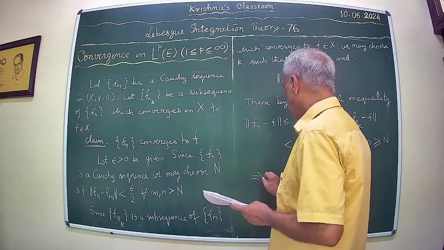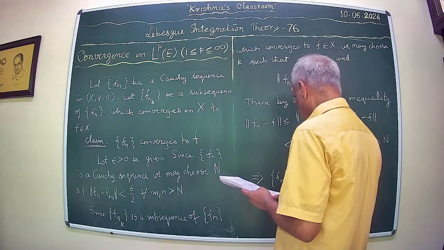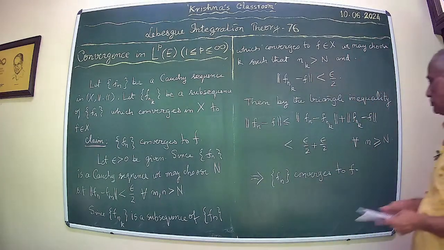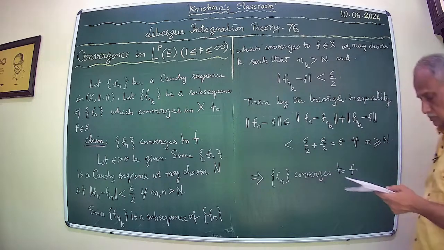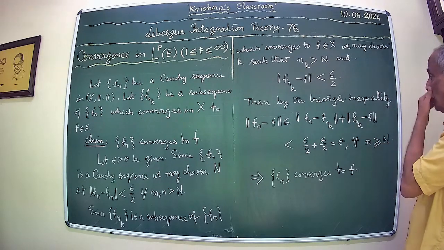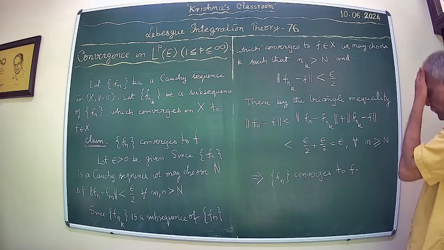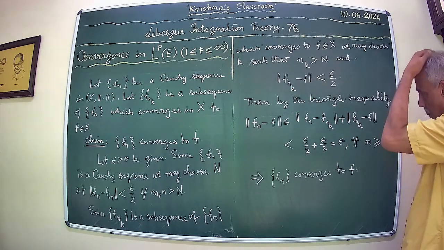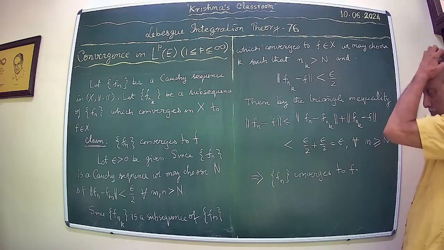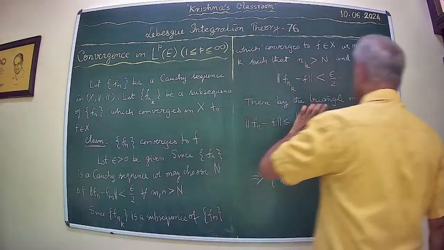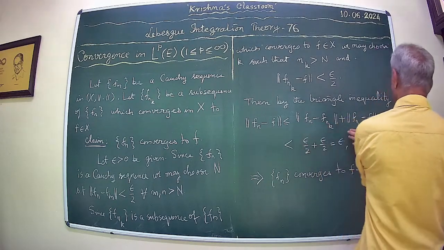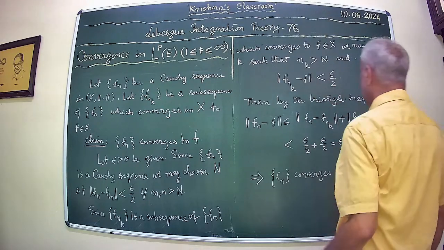Which implies the norm of Fn minus F is less than epsilon, because we have earlier assumed that this is a Cauchy sequence, for both nk and n greater than capital N, this part is less than epsilon by 2 and this part is less than epsilon by 2 by our choice of N. Okay.